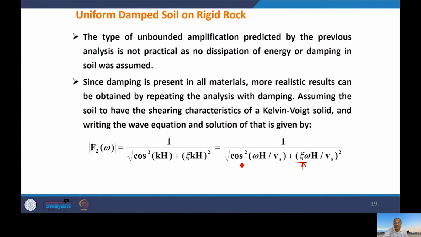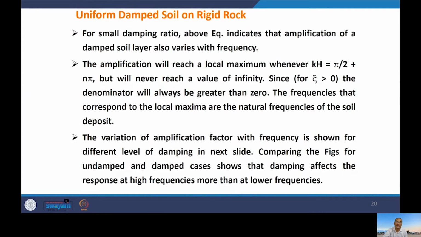Even if the first term is 0, when omega H over Vs equals pi by 2 or 3 pi by 2, still due to the presence of damping, the denominator will never be 0, and as a result F2 omega will have some finite value, not the infinite value as was the case earlier. The variation of amplification factor with frequency is shown for different levels of damping in the next slide, and you can compare these figures with the undamped case to see the effect of damping.